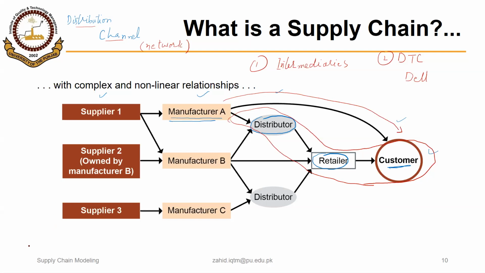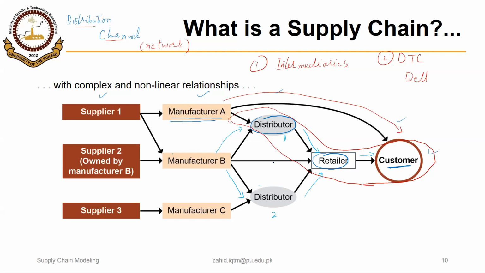Another thing that you might observe with respect to manufacturer B here is that manufacturer B is using two distributors. We call them, for example, distributor 1 and distributor 2. So manufacturer B is using distributor 1 and the same retailer that manufacturer A was using, and then of course supplying to the customer. And it is also using distributor 2, same retailer, and then customer.